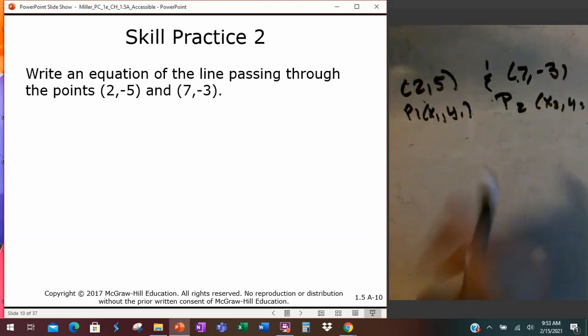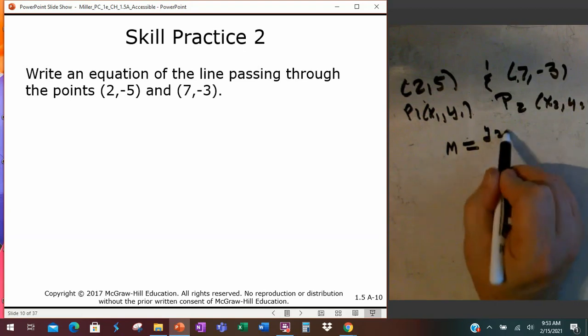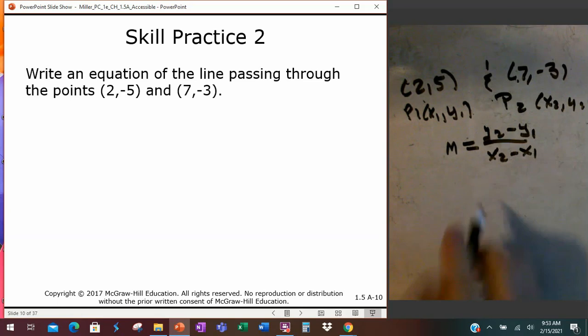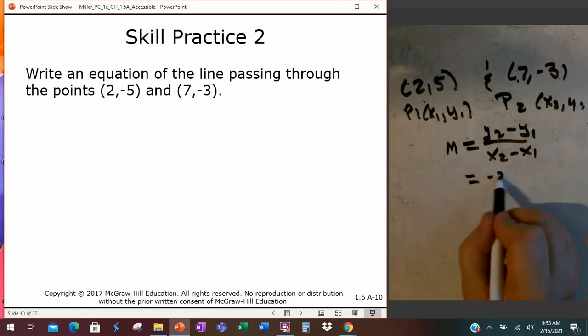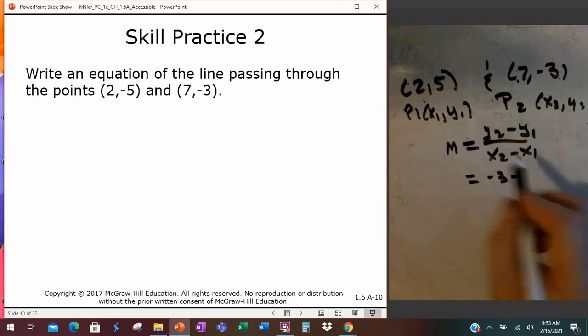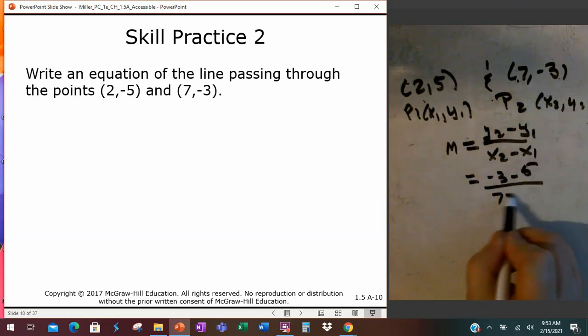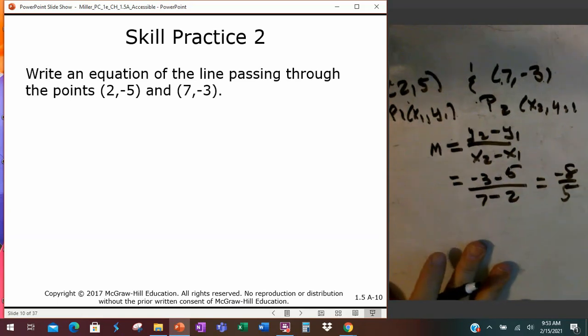Okay, so I need my slope. y2 minus y1 over x2 minus x1, -3 minus 5 over 7 minus 2. So that would be my m, -8/5.